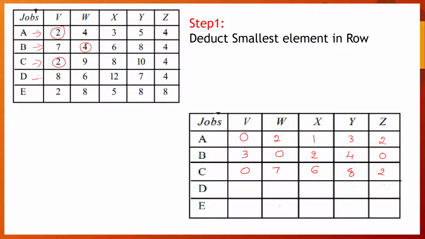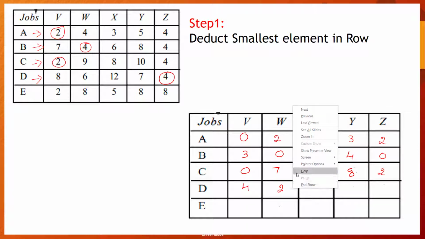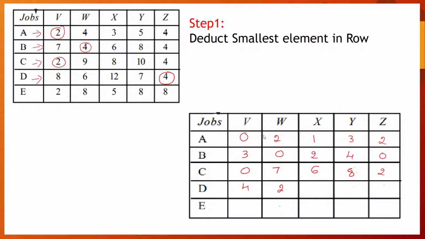Next row, the minimum is 4. So 4, 2, 8, 3, 0.